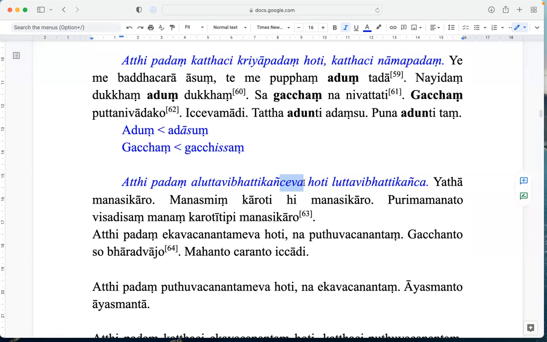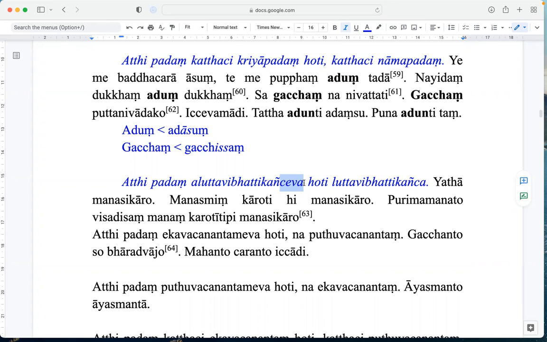In Kaccayana, commonly we use va in the optional position, to denote optionality, or exception.